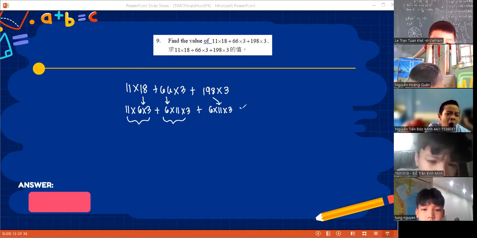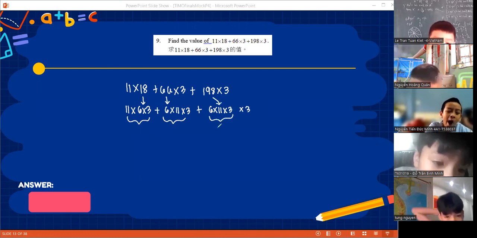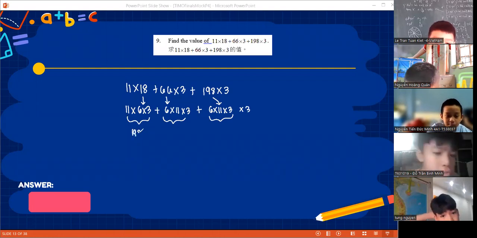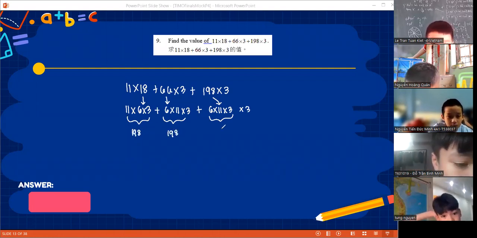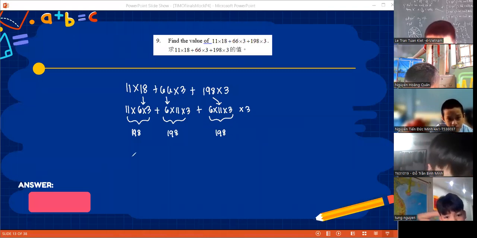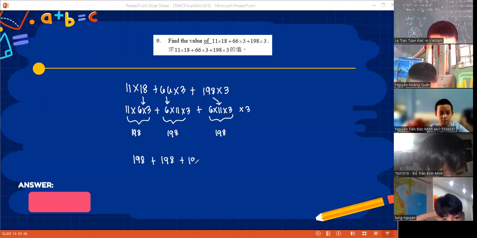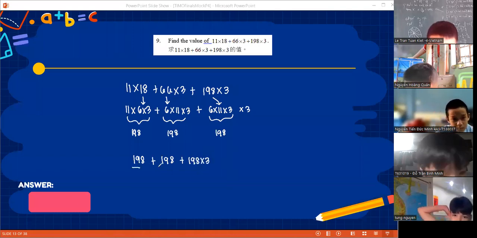So these are your 198, 198, and 198. So we have 198 plus 198 plus 198. So the three terms here have the same factor, which is 198.